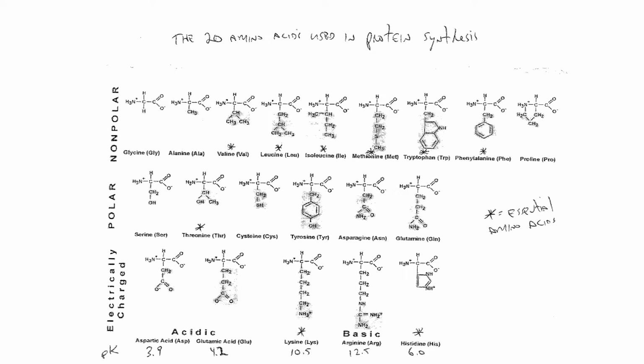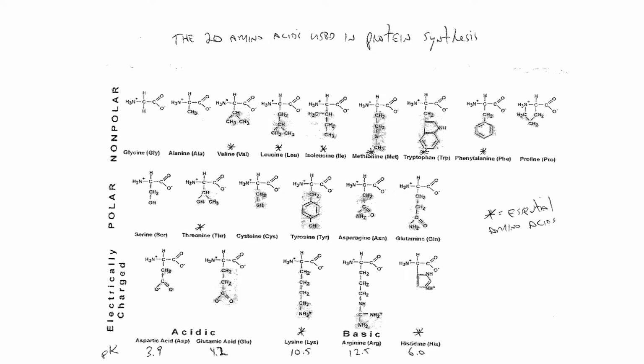Bases accept protons at neutral pH. So the 3 on the right-hand side, lysine, arginine, histidine, you can see there are NH groups there, and all those are positively charged because they accept protons. So the acidic and basic are fully charged. Also, they're polar because they can interact with water, that positive charge.